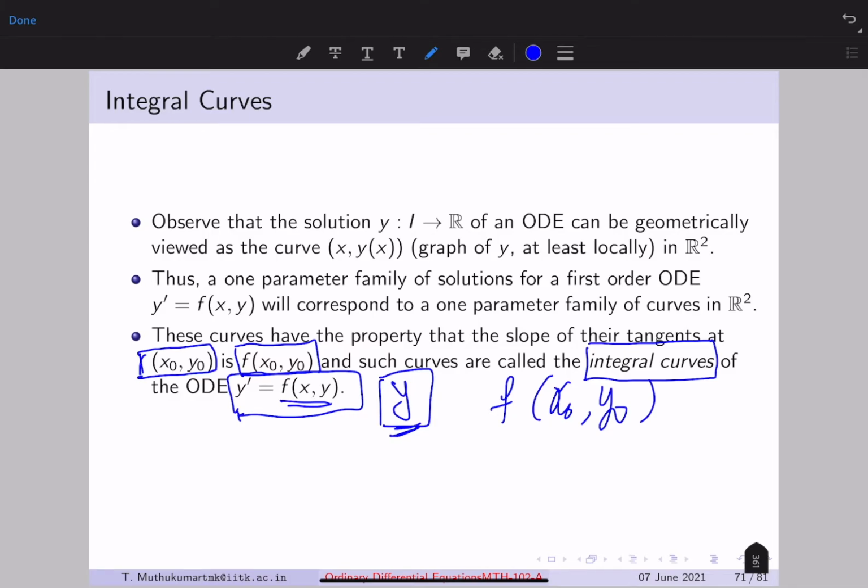Okay, so what does integral curve mean? It's precisely that curve whose slopes are given by this f appearing in the ODE. That's what this ODE is telling you. So this is a very special form of ODE.